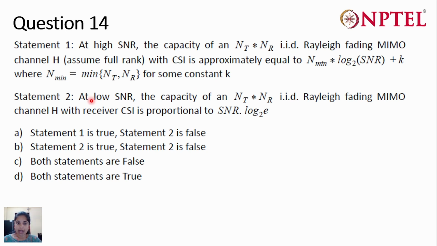Statement 2: at low SNR, the capacity of an NT cross NR IID Rayleigh fading MIMO channel H with receiver CSI is proportional to SNR into log e to the base 2. Which of the following statements are true? Or whether both are true or both are false?